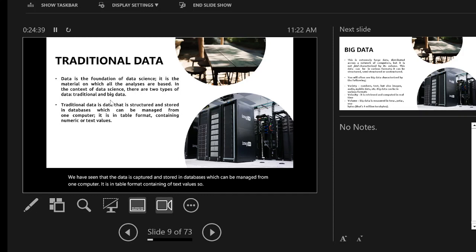So, this is what we mean. A table, let us say we have a name, maybe ID number, phone number, and so on. So we have a name here, an ID number, and a phone number.